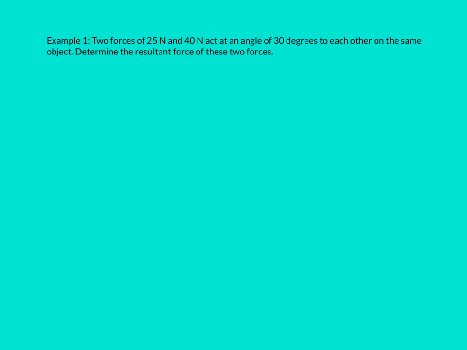So we have a 40 Newton force, and again, you're going to do this with a ruler. And a 25 Newton force, and they're acting at an angle of 30 degrees to each other.